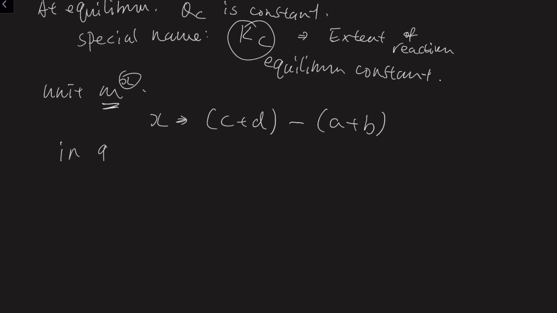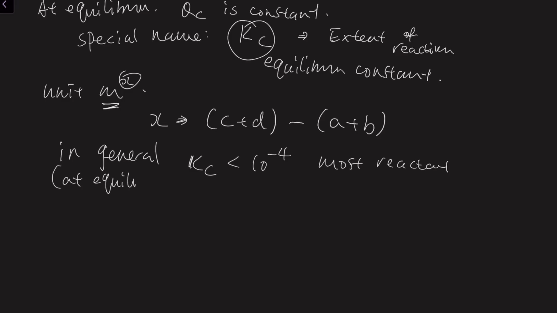So we can obtain many useful pieces of information from Kc. In general, if Kc is less than 10 to the power of negative 4, we have mostly reactant at equilibrium.